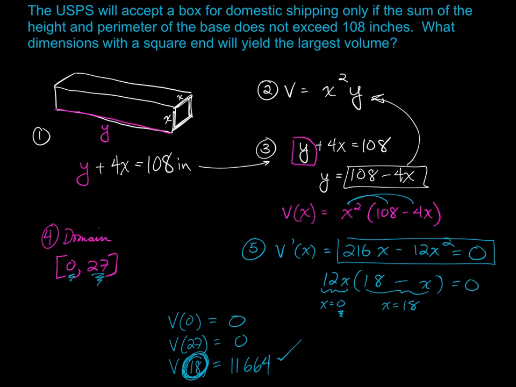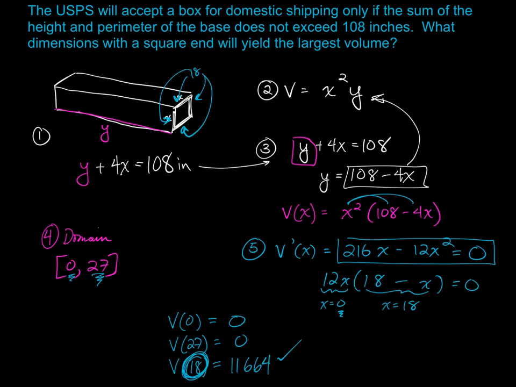And let's see what we're trying to figure out. We're trying to find what dimensions of the square end will yield the largest volume. So we know x, these dimensions here will be 18. So this side will be 18, this side will be 18, this side will be 18, and this last side will also be 18.